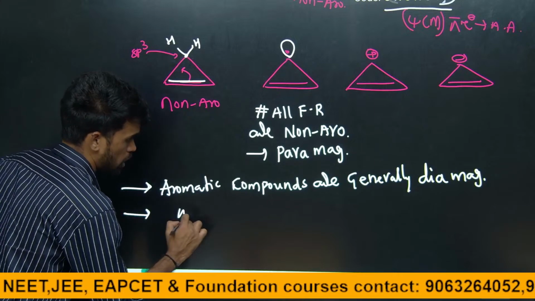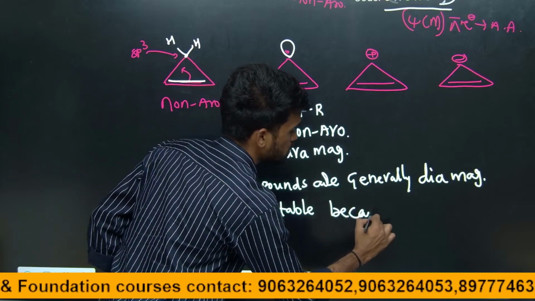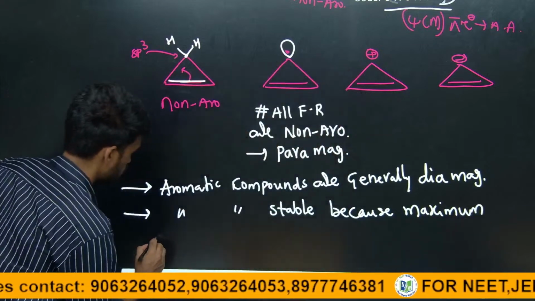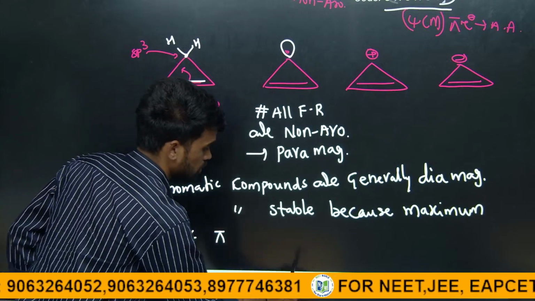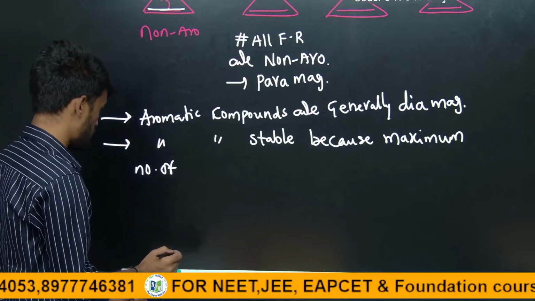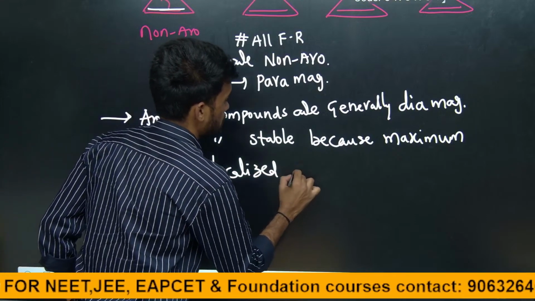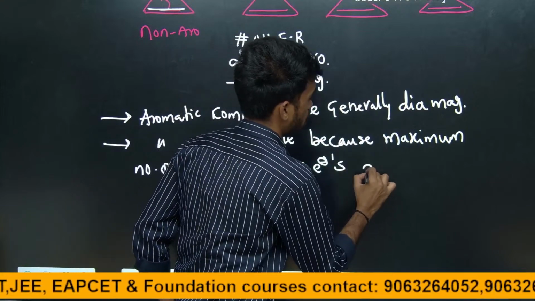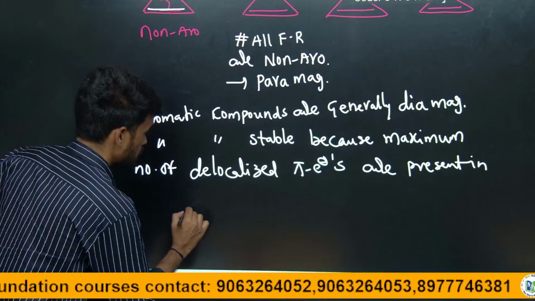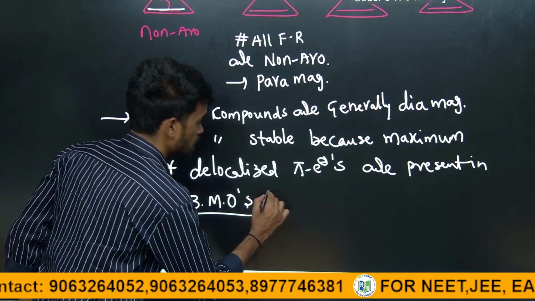Aromatic compounds are stable because the maximum number of delocalized pi electrons are present in bonding molecular orbitals, which are lower in energy.